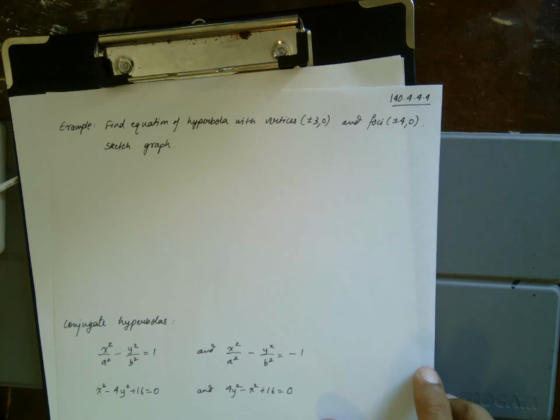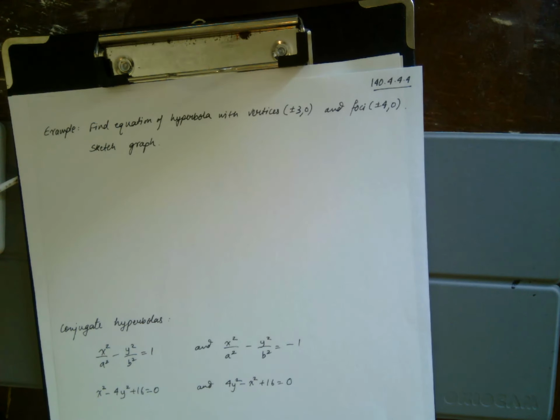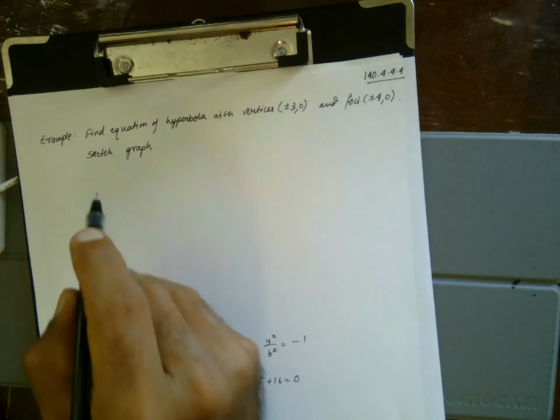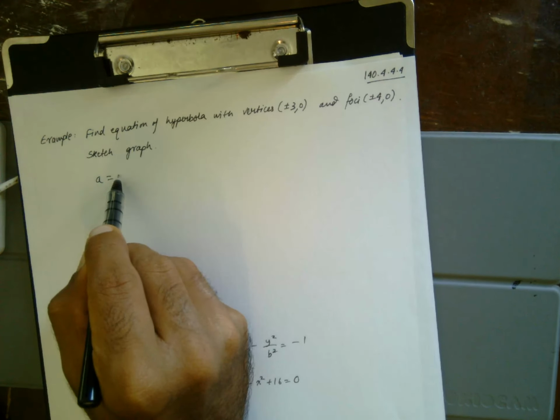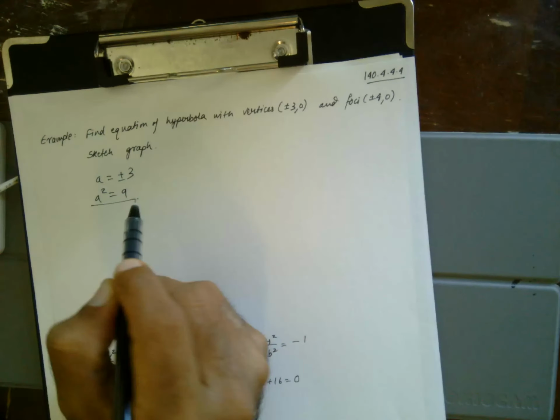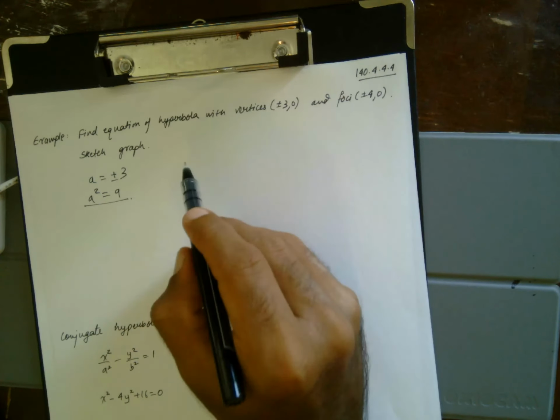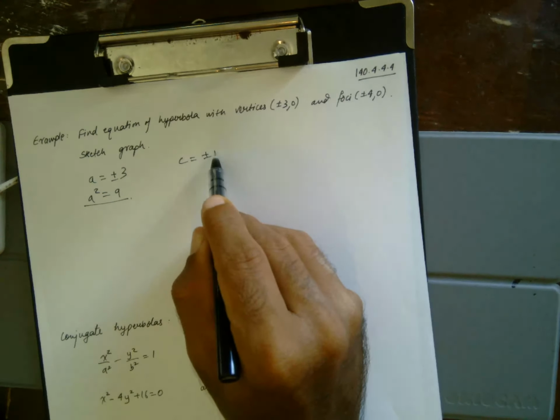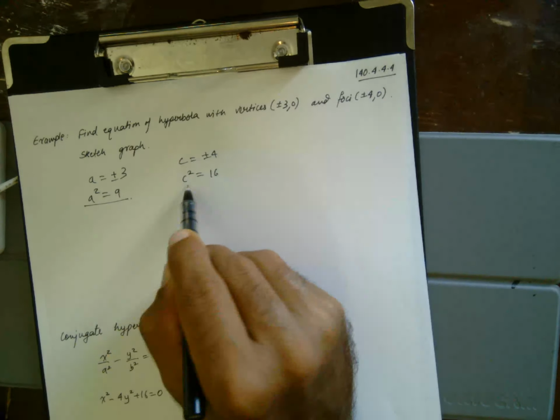So find the equation of a hyperbola. Now the equation is not given. Vertices plus minus 3, which gives me A is plus minus 3, so A squared is 9. Foci is plus minus 4, so C is plus minus 4, and C squared is 16.